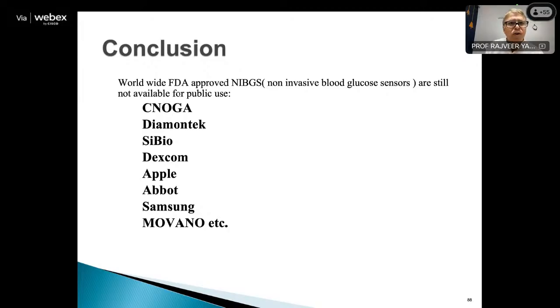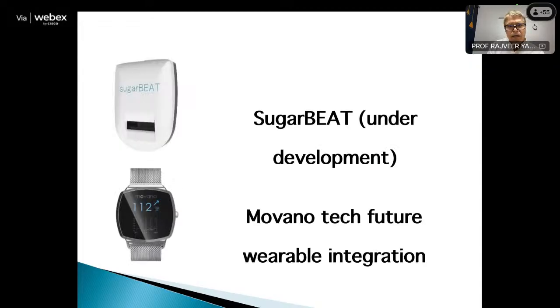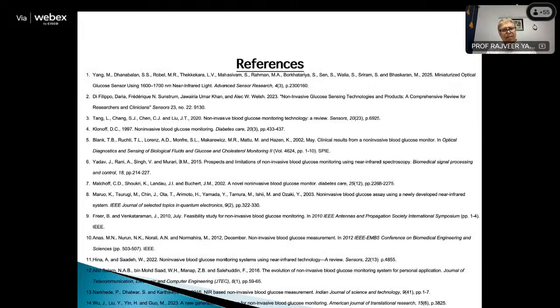I'll be showing a few images of how the device can look. This is one, this is second, this third, this fourth. So this shape will definitely help and eradicate the problem not only of India, but worldwide.